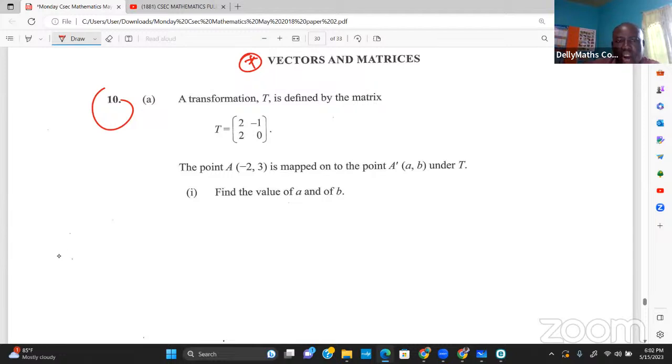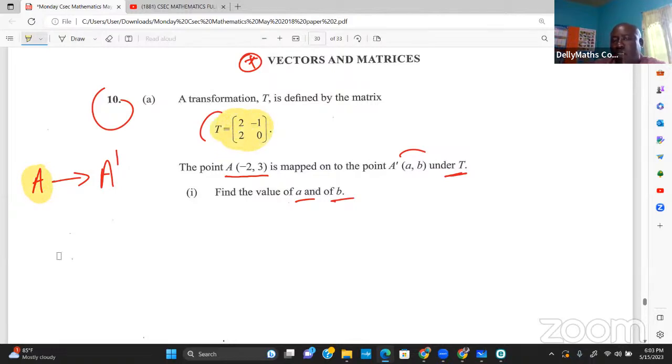Now it says here a point A is mapped onto the point A prime under T. Find the value of A and B. All you're required here to do is to simply operate on the point A with the matrix for the transformation, and whatever result you get would have been that for A and B.